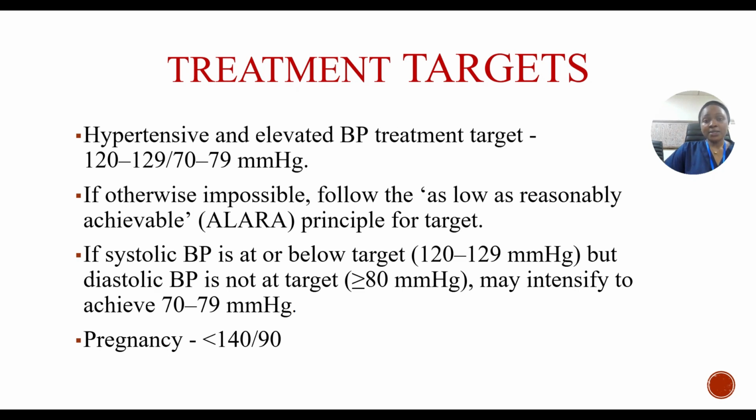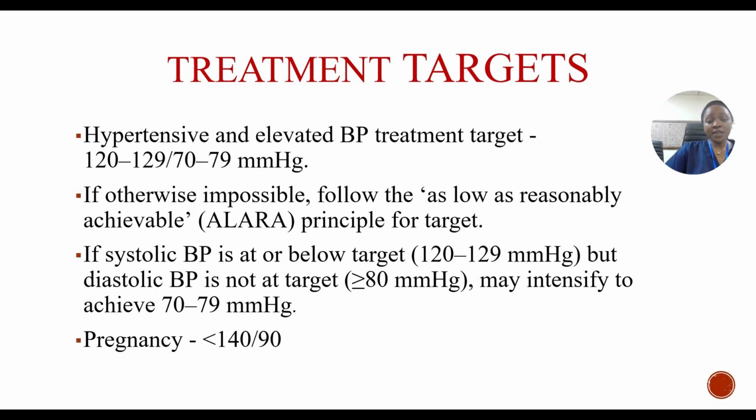Treatment targets in hypertension. What blood pressure are we trying to achieve when we put our patients on medication? The treatment targets in both hypertension and elevated blood pressure: our aim is 120 to 129 over 70 to 79.